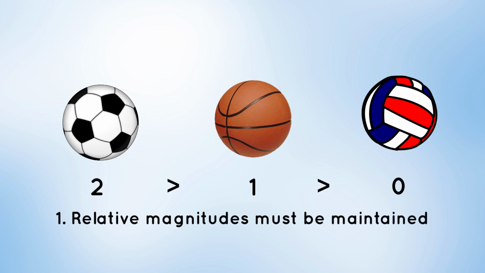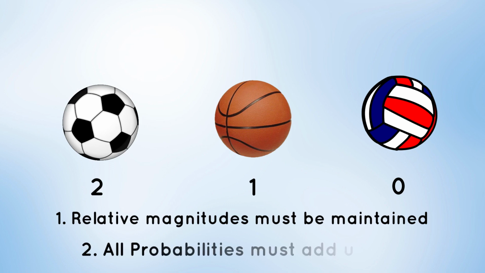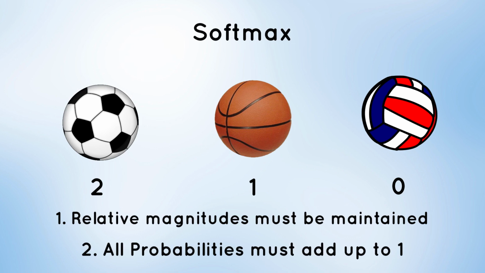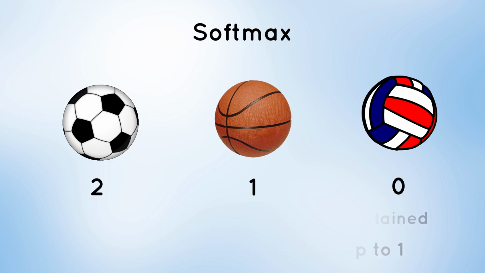The second thing is to remember that all probability values must add up to 1. Both of these requirements can be satisfied using the softmax activation function. That's exactly why, for multi-class classification, we must use the softmax function as it satisfies the two conditions. The softmax function has the following equation.